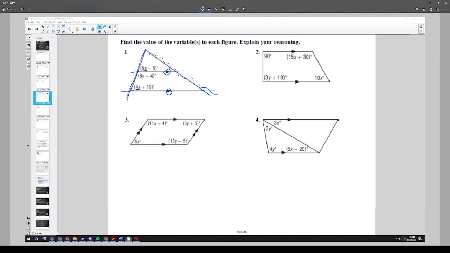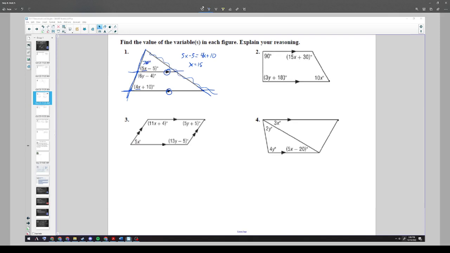This is the upper right corner of this intersection, and this is the upper right corner of that intersection. So I know that 5x minus 5 is going to be equal to 4x plus 10. If I solve that, I'm going to get x equals 15. And then if I plug that back in to either of these, I should get the same measurement. So 75 minus 5 is 70 degrees.